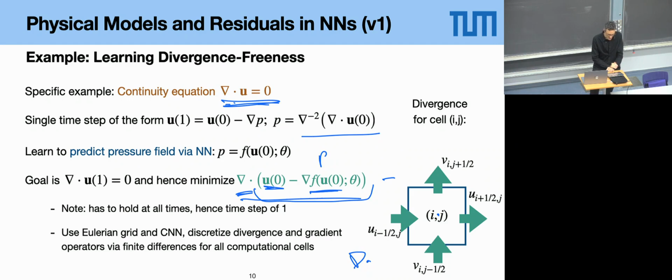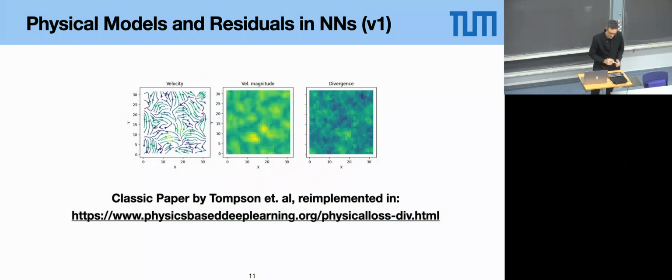So it's a relatively simple operation, can be computed quite efficiently with something like a convolution. And this is also actually what has been done, which is why I bring up this example in a classic paper from 2018 by Thompson et al. And you can find an example of it also here on this physics-based deep learning website.